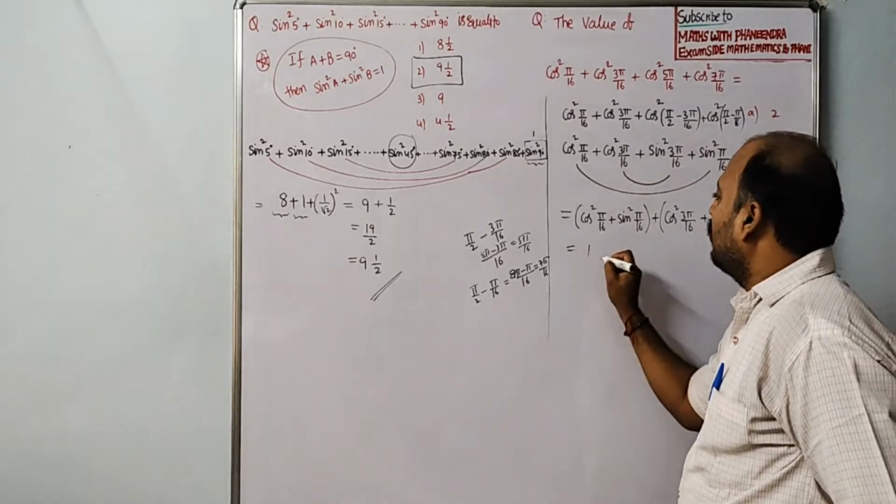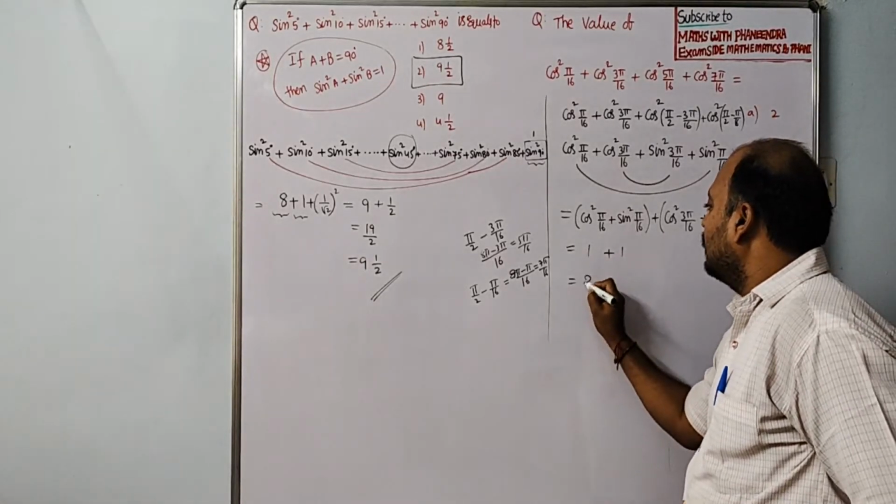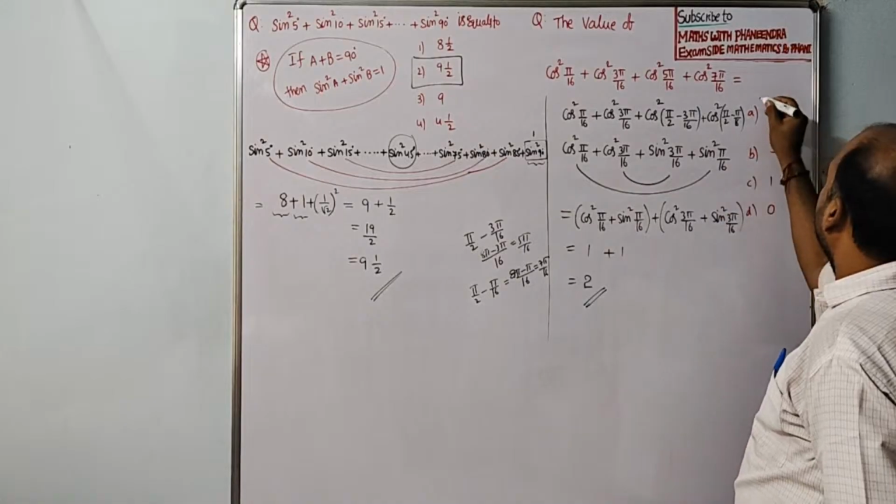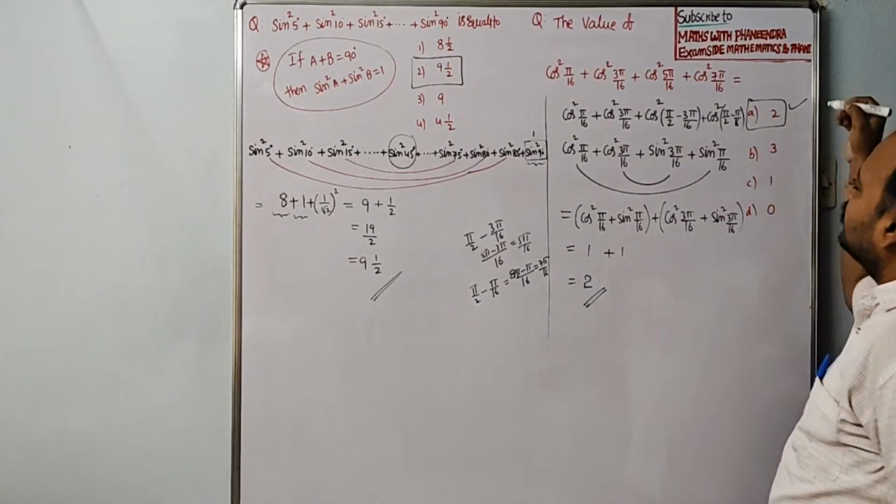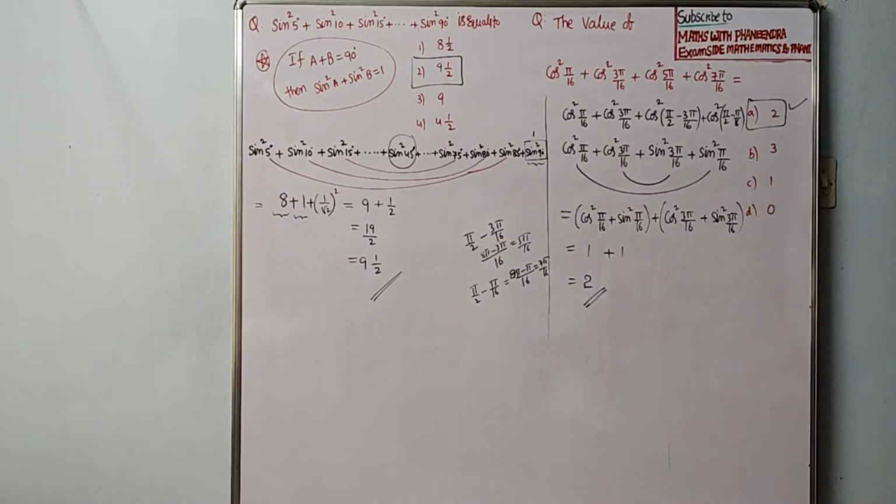So this value equal to 1, this value equal to 1, total is 2. So 2 is there in the first option, dear students. I hope you understand. We will move to another set of questions. Whatever I am keeping in the boxes are shortcuts, you can utilize while solving the problems in trigonometry.